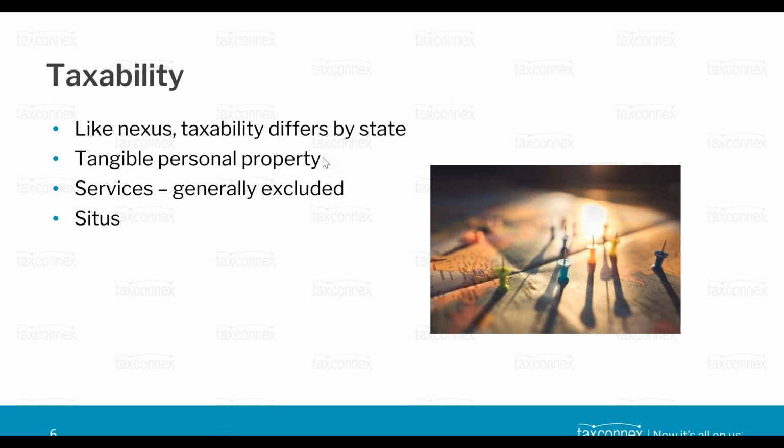Other states would say it depends on where you ship. So if you ship from, in our case, Atlanta, Georgia, where we're based, to Savannah, Georgia, we may have to charge Savannah tax or the county in which Savannah is located. So you have to identify and determine what the state laws are in each state relative to situsing to get that right.